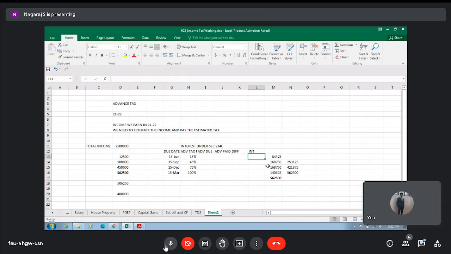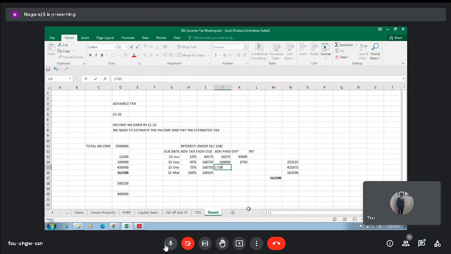See, this much you should have paid as advance tax, 84,375 in the first installment, but you have paid 54,375 only. What is the difference? 30,000. Like that, you have paid 1,60,000 here. What is the difference? 8,750.